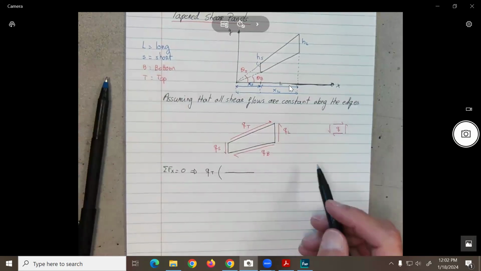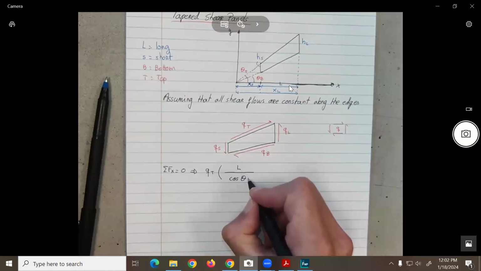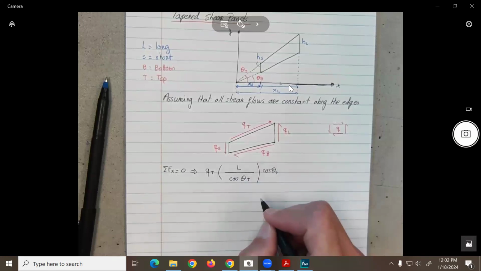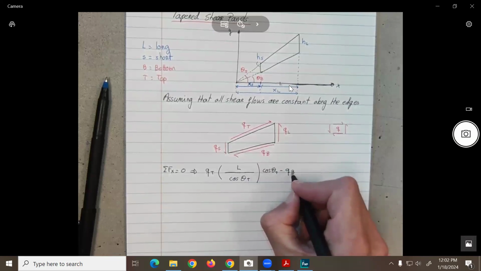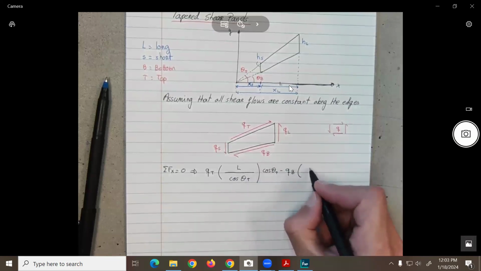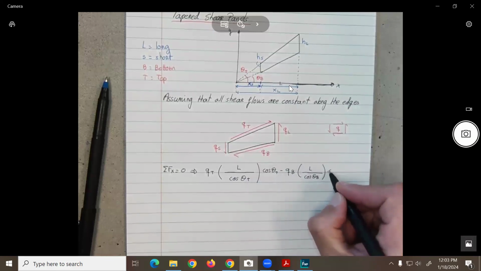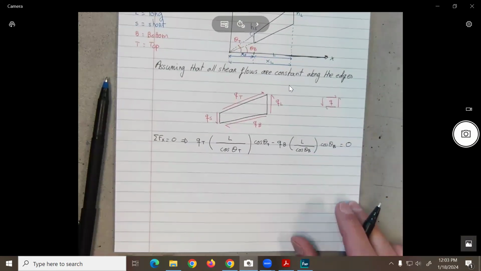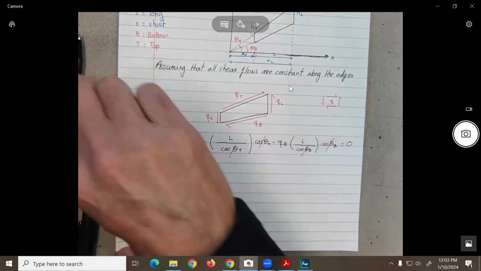Then the force will be Q_L cos theta top minus Q_B L cos theta bottom equal to 0. So over here, the math ends up being very simple because all this will cancel.